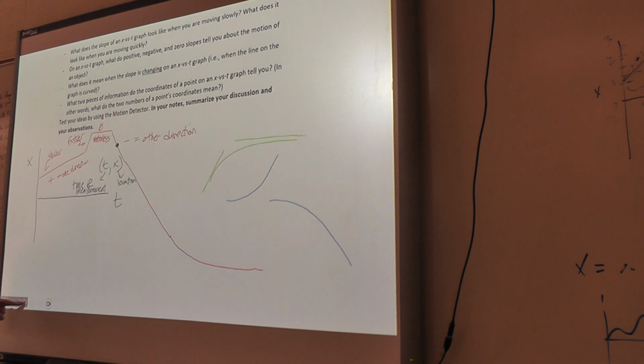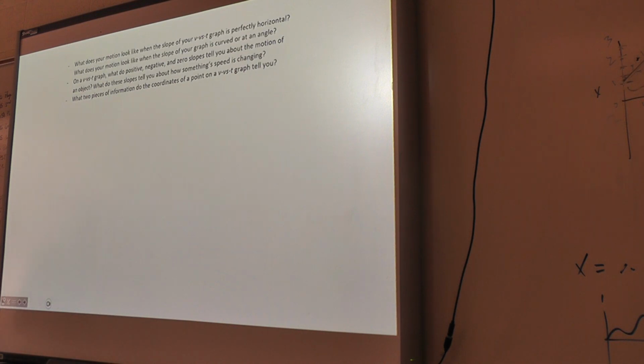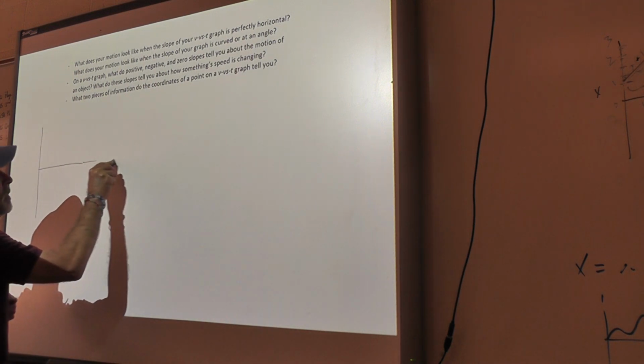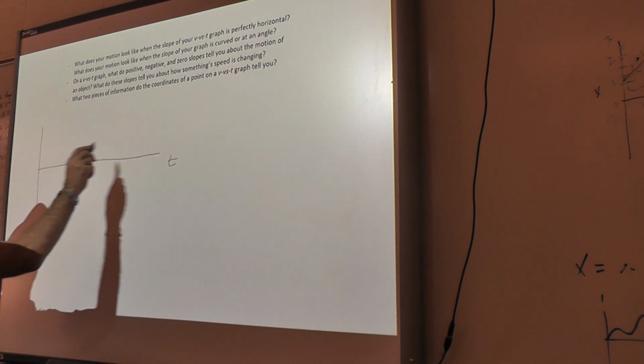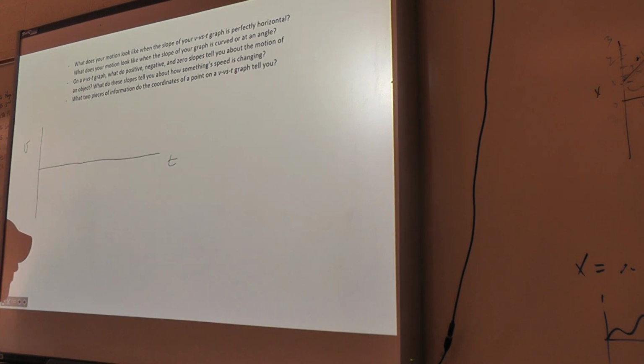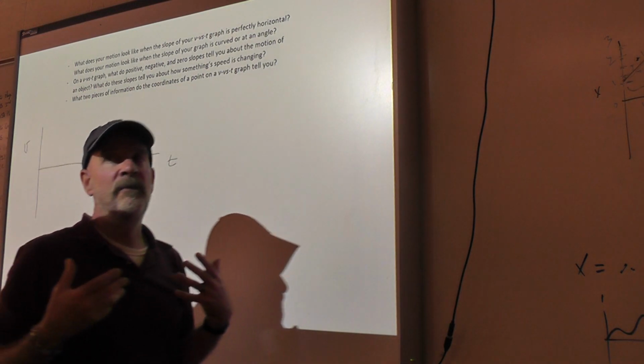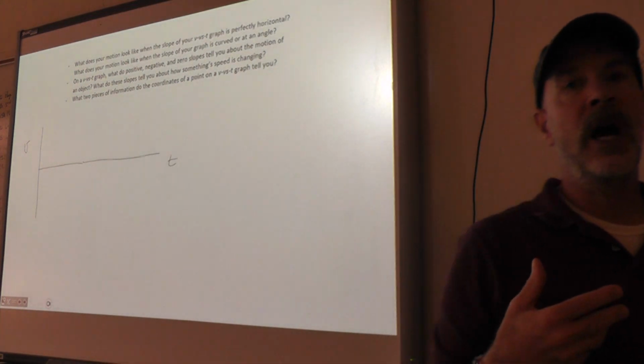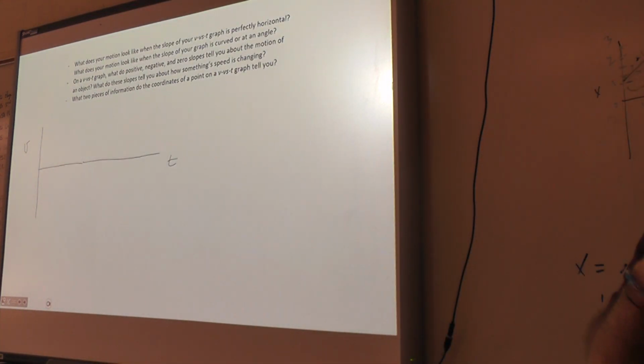Okay. The next one has to do with a velocity versus time graph. Velocity versus time graphs are a little bit more complicated, and the reason for that is because our brains, in general, have been trained to use a graph like this to show us where something is.